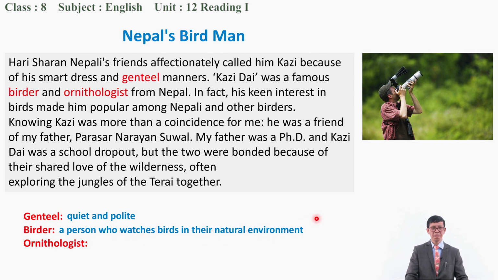Birder, okay? You may be a birder if you love watching birds, if you pay attention, right? There is another word, ornithologist. That means a person who studies birds, an expert of birds. That is what we call an ornithologist, who studies about birds.